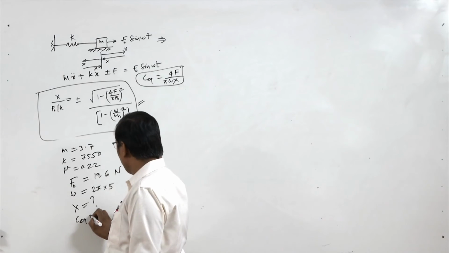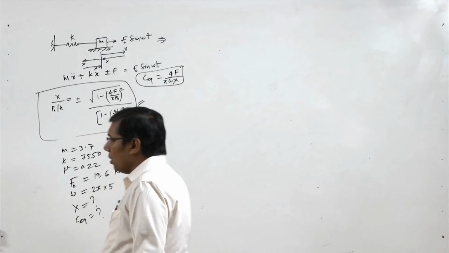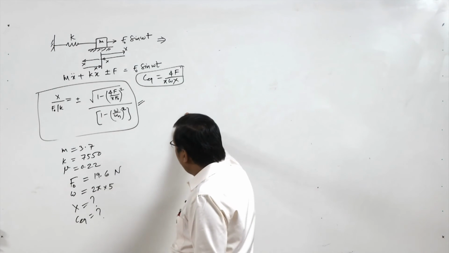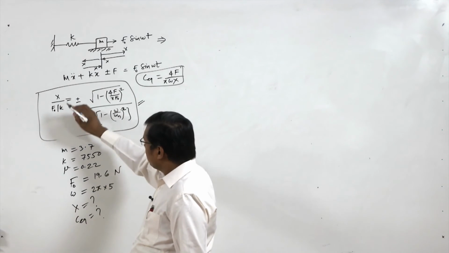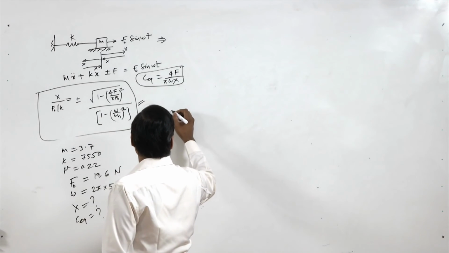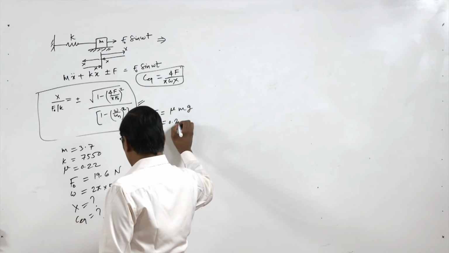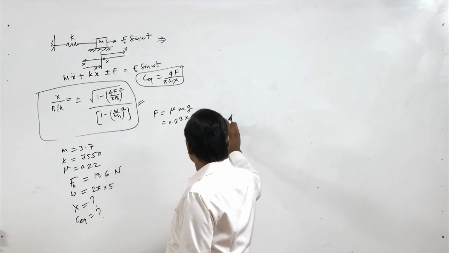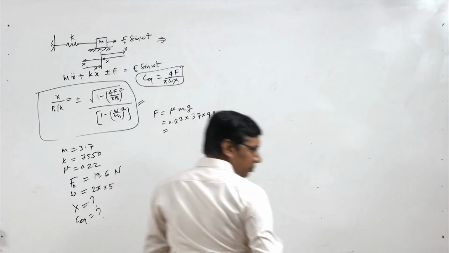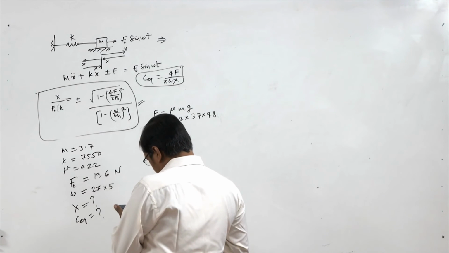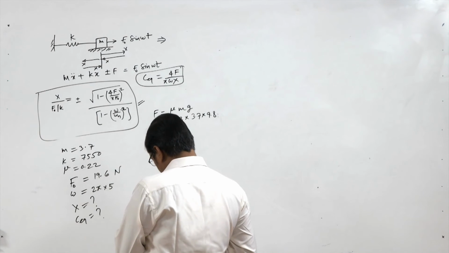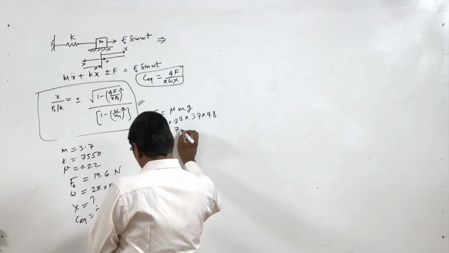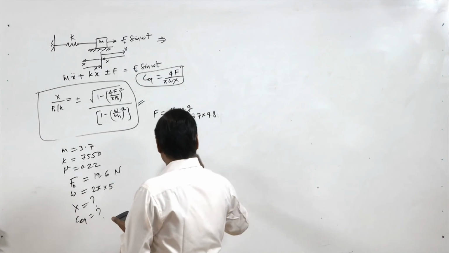First x equal to constant, then C equivalent. The equivalent viscous damping is required. So first in this expression we have to find F. F equal to mu times m into g. Mu is 0.22 into m is 3.7 and g is 9.8. So we get 7.98 as this frictional force.